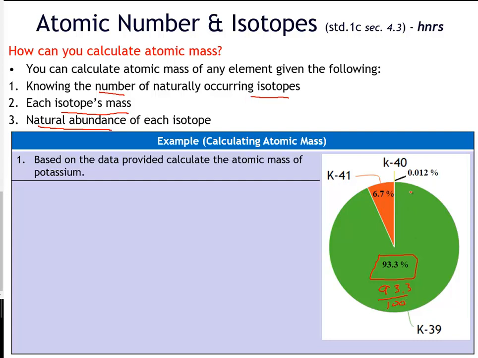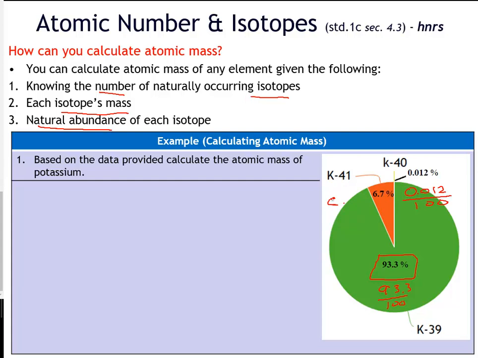In potassium-40, the relative abundance is 0.012%. So we can also identify this as a relative abundance by dividing it over 100. And then we can do this one as well. The percentage of potassium-41 in the world is 6.7%.